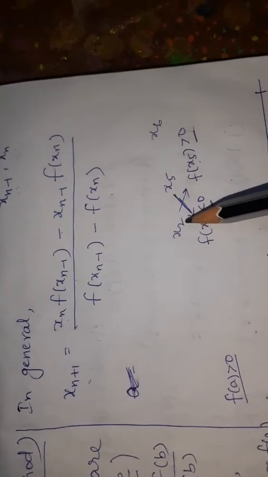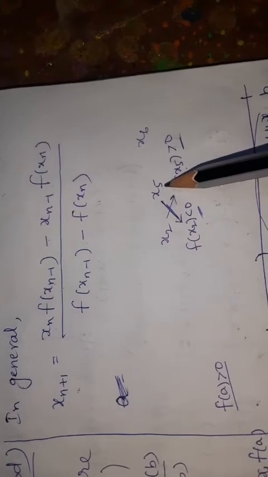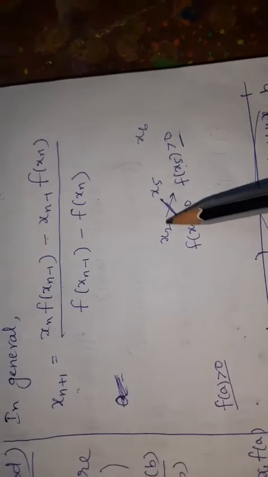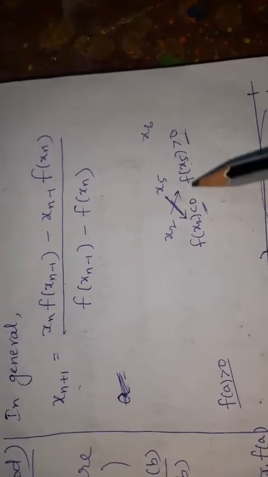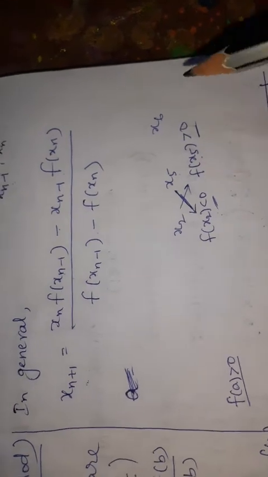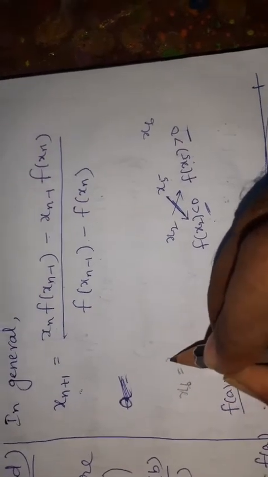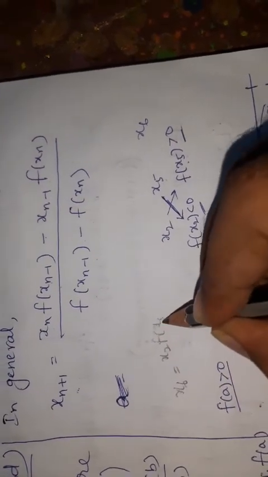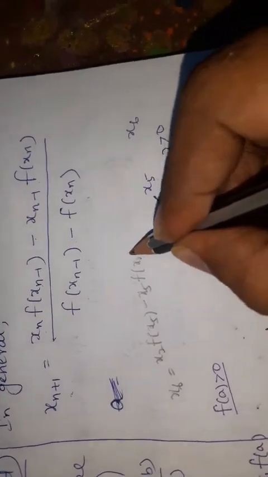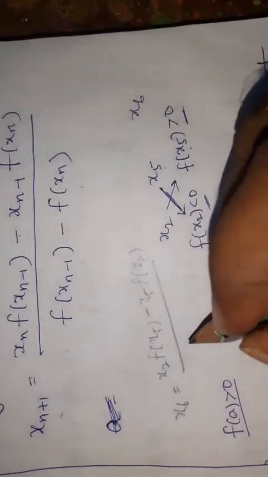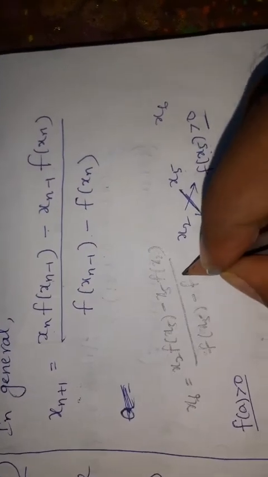Suppose the root lies in between x2 and x5. Then for the next approximation x6, since the functional values at x2 and x5 are of opposite signs, x6 is equal to x2 into f of x5 minus x5 into f of x2 divided by f of x5 minus f of x2.